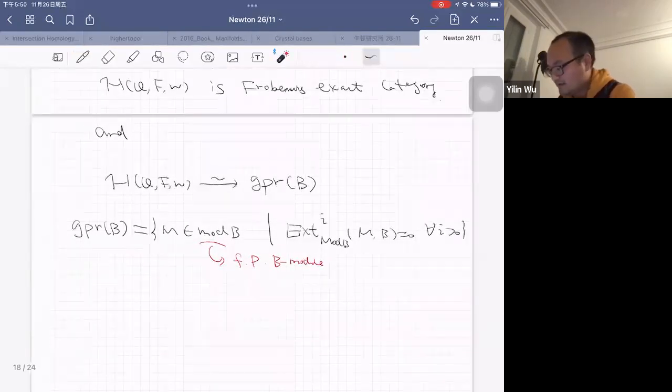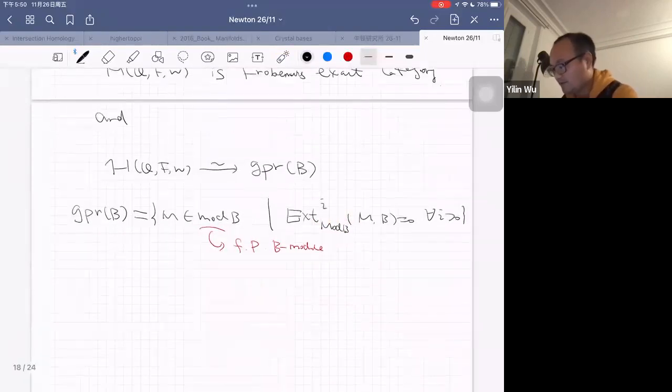This extension is computed in the big module category of B, where B is the boundary algebra.